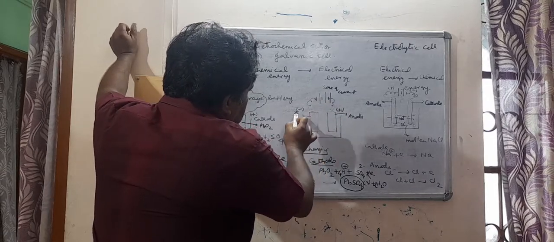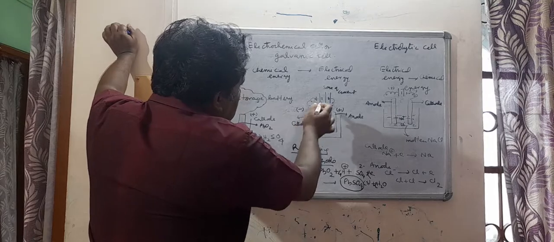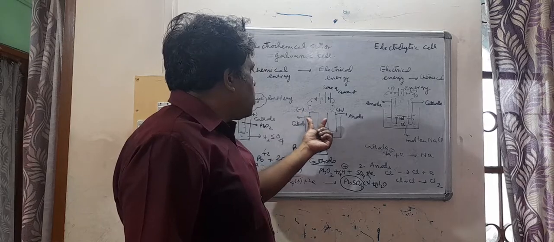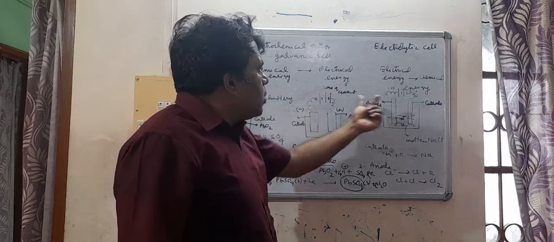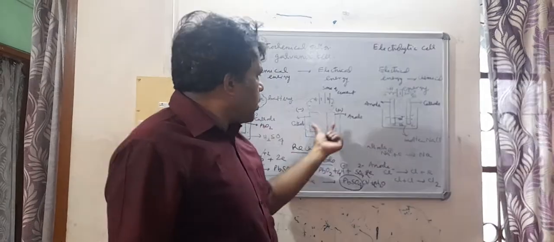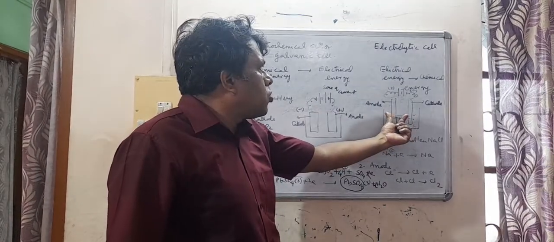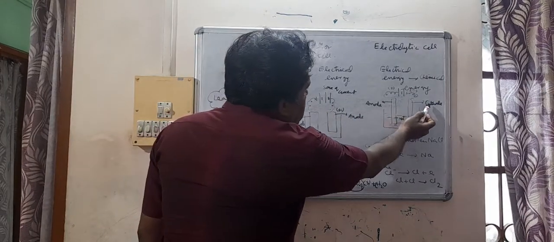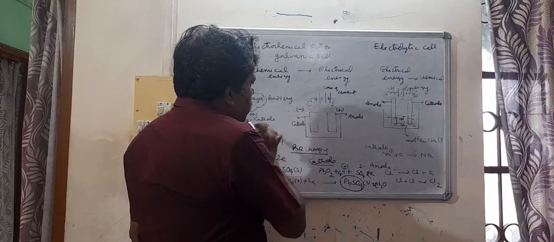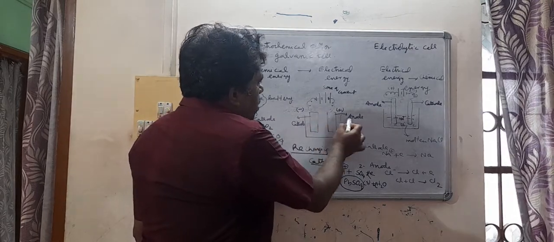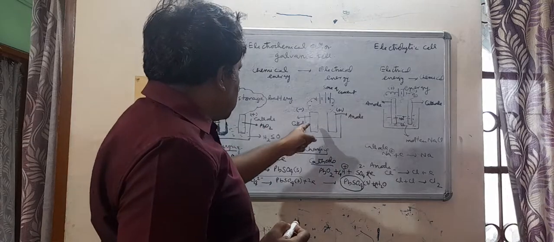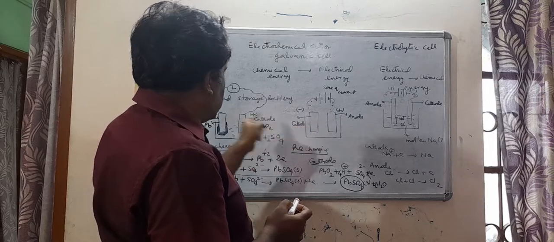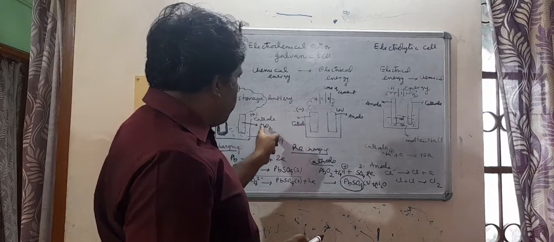Now here, this arrangement will act like an electrolytic cell, and this minus plate, which was the cathode, will now become the cathode, and this one will become the anode. Just remember, initially it was lead, and initially it was PbO2.